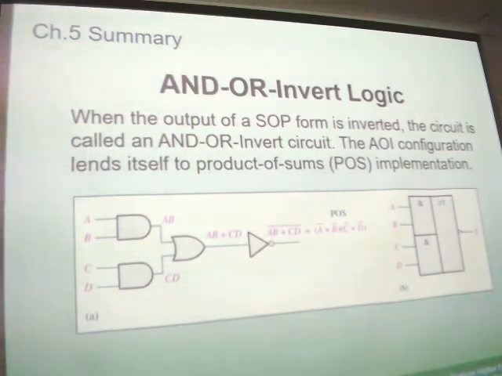AB bar equals A bar plus B bar, and CD bar equals C bar plus D bar. So this form is the product of sums, because these are sum forms that are ANDed together.